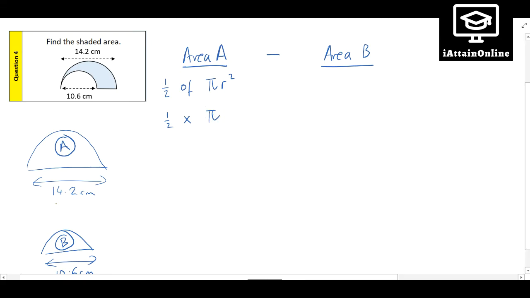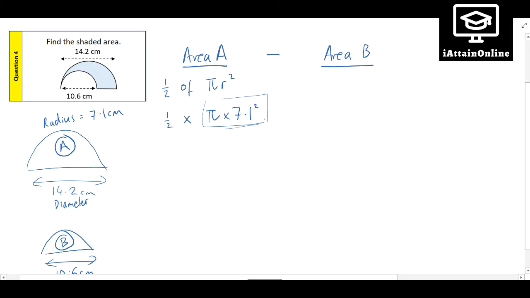and then here I've given you the diameter. We need the radius. So the radius of this semicircle is going to be 14.2 divided by 2, or 7.1 centimeters. So that's our radius, 7.1, and we square that. Now if I put that into my calculator, I'm just going to do this bit to start with, and then I'm going to divide my answer by 2.